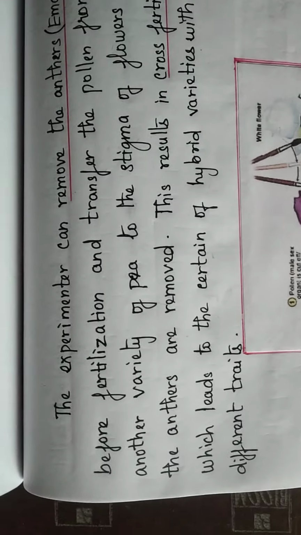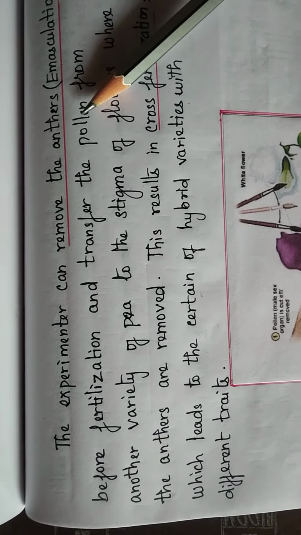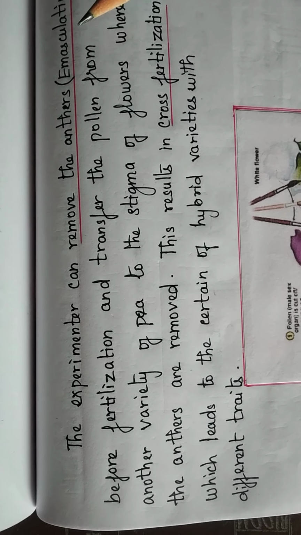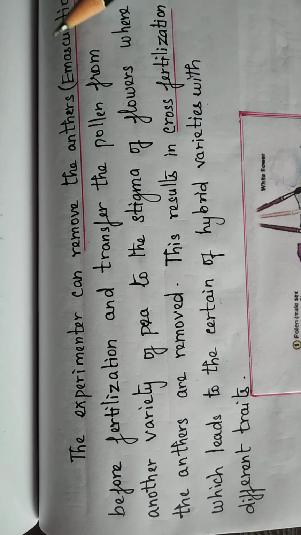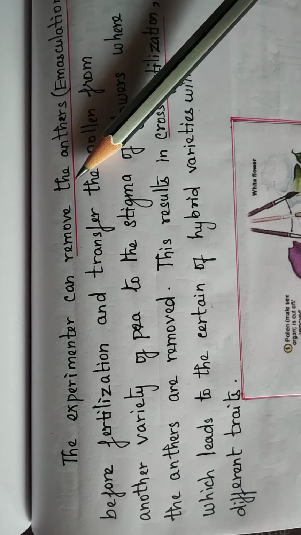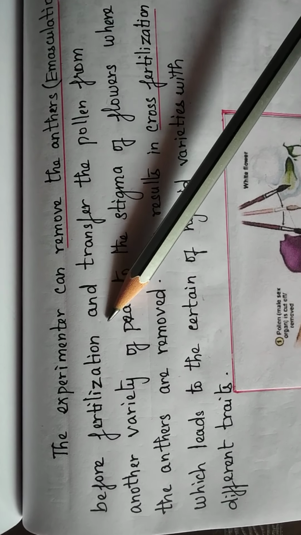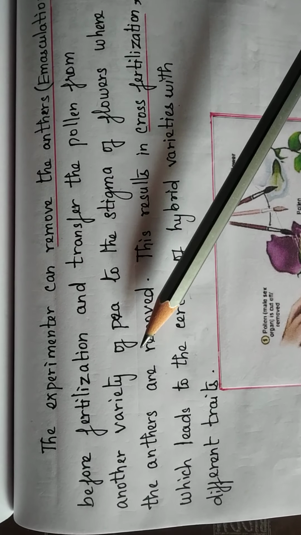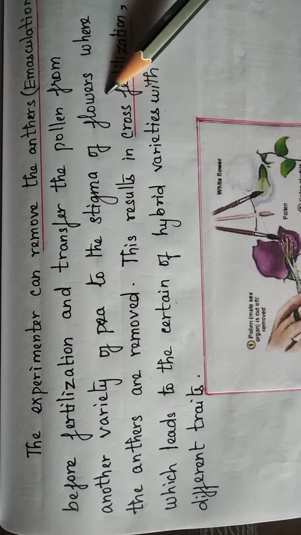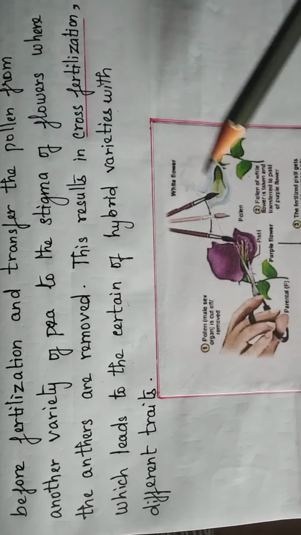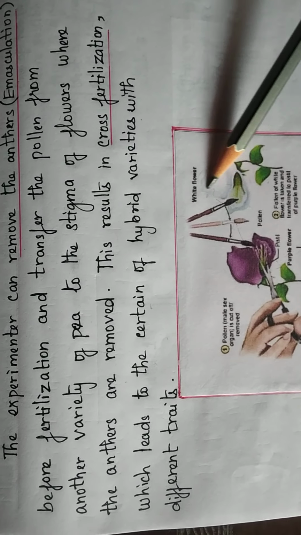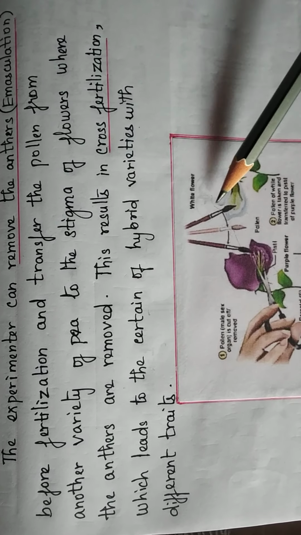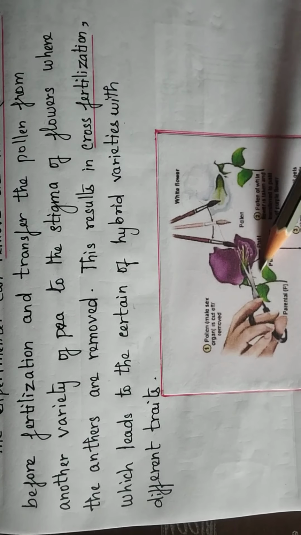So how can the experimenter remove the anthers from one plant to another? By the process of emasculation. What does emasculation mean? Removal of anthers before fertilization and transfer of the pollen from another variety of pea to the stigma of flowers where the anthers are removed. So you can see here, the pollen is removed with the help of a brush and transferred to the stigma of another plant.